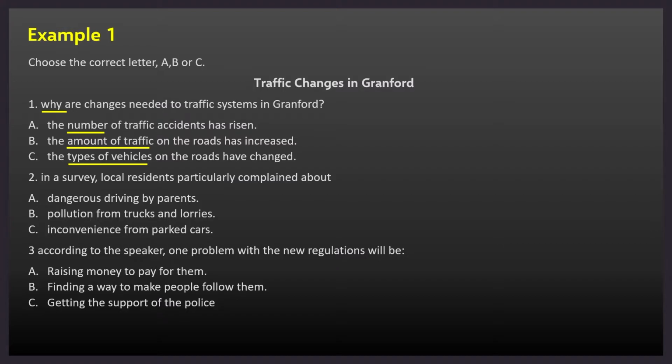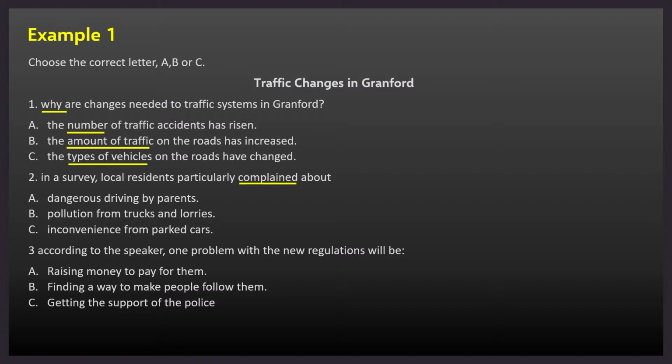But the keyword here would be complaining. So the people in the survey actually have complained about something. We need to find that complaint. We don't care about the words about, particularly, local residents, well, you know, people. So your only keyword would be complaining.